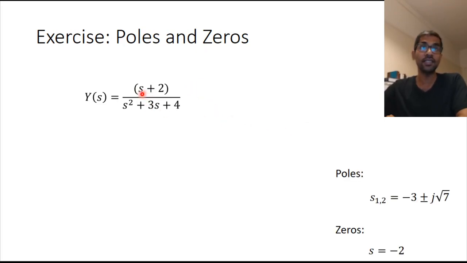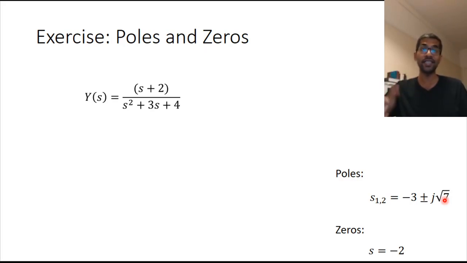You can easily see that the zero of this system is when s plus 2 becomes 0, so at s equal to minus 2. Similarly, you can find the roots of the denominator polynomial, and they turn out to be minus 3 plus j root 7 and minus 3 minus j root 7.